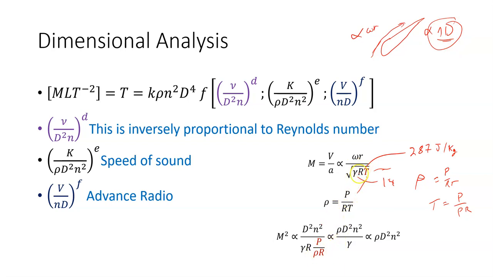And then if we square this, we get gamma RT, and instead of T, I'm going to put in P over rho R. And the R's will cancel. So we just get 1 over gamma, which is the same as multiplying 1 over rho, which is the same as multiplying by rho. So we get rho d squared n squared all over gamma, and this is a constant. So we could just say it is proportional to rho d squared n squared, which is what we have here.